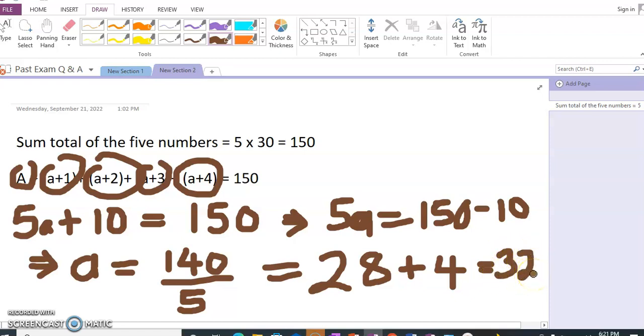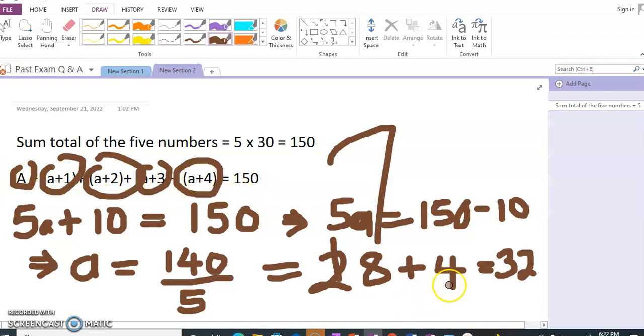Now, to test your answer: if these were 5 consecutive numbers and 32 is the biggest, that means the numbers are 32, 31, 30, 29, and 28. Can you see 28 here? That's the list of them. This is 28, which is A. So A plus 1 is 29, plus 2 is 30, plus 3 is 31, then 32.